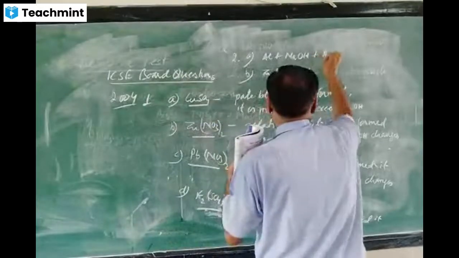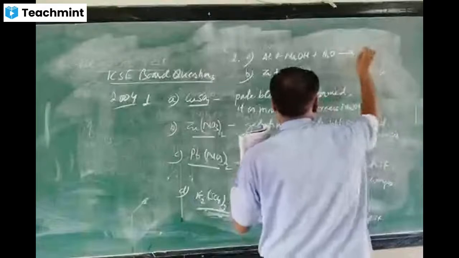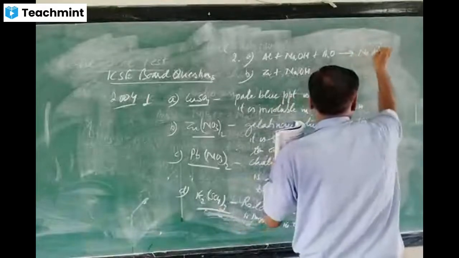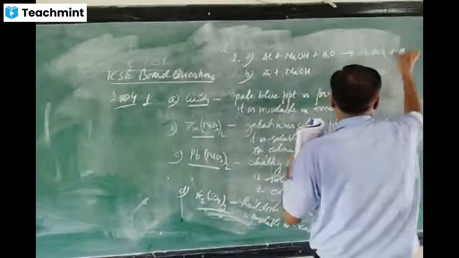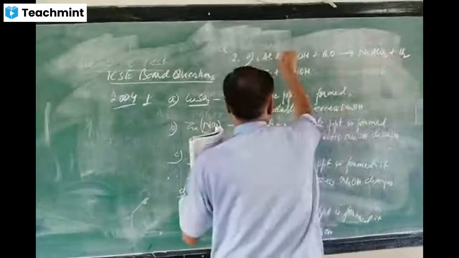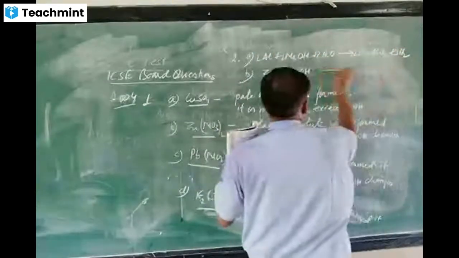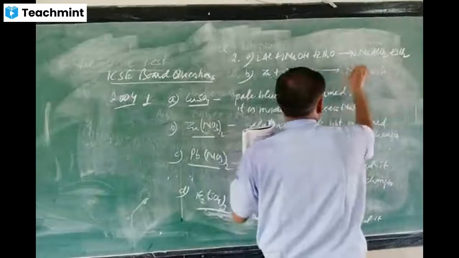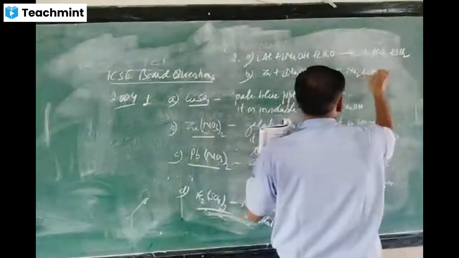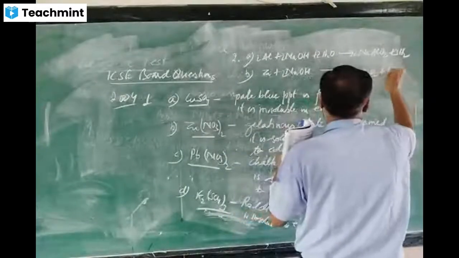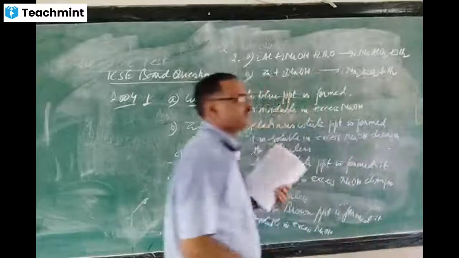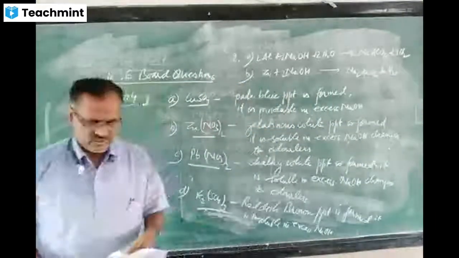With water, this will form sodium aluminate, NaAlO2, plus H2. Here this will form Na2ZnO2 plus H2.